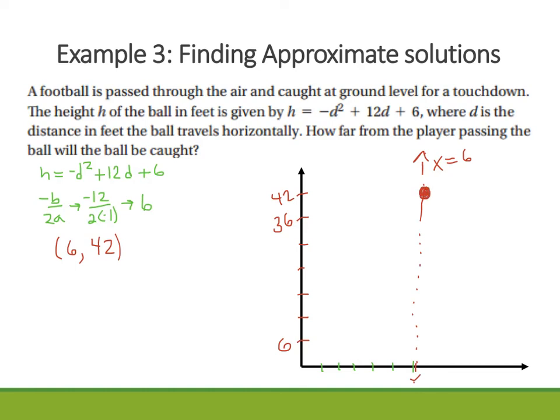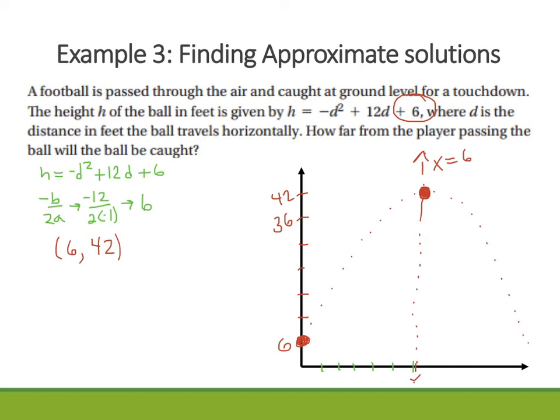So I want you to picture, I know all of you hopefully have been to a football game or you've watched a football game. And so I want you to kind of picture that this is the ball. Now where does the ball start? It starts 6 feet off the ground. That's the y-intercept right here. So the ball goes up. So there goes the football. And the football comes back down.